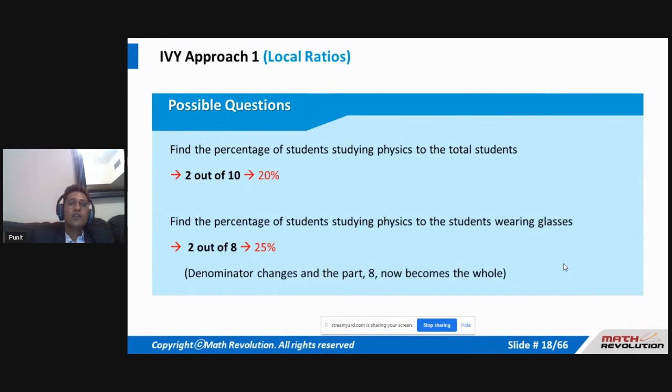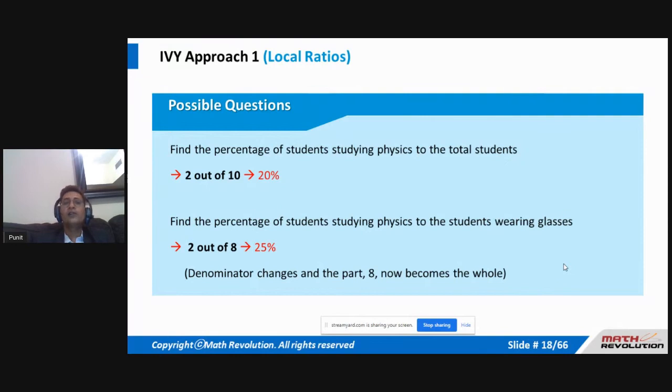But now think about the question: find the percentage of students who are studying physics to the students wearing glasses. Now they're not talking about the total students. So 10 is out of the picture. They're just talking about the number of students who study physics out of all those students who are wearing glasses.